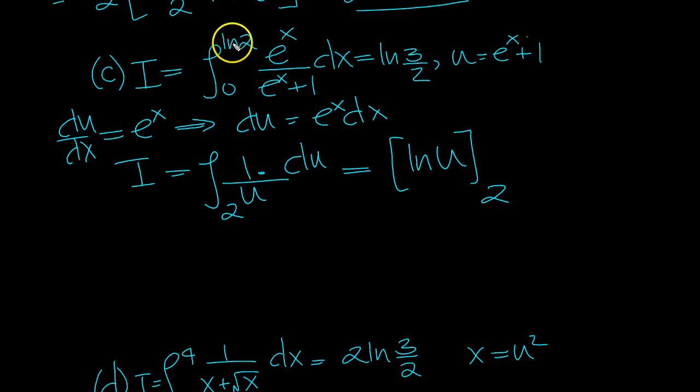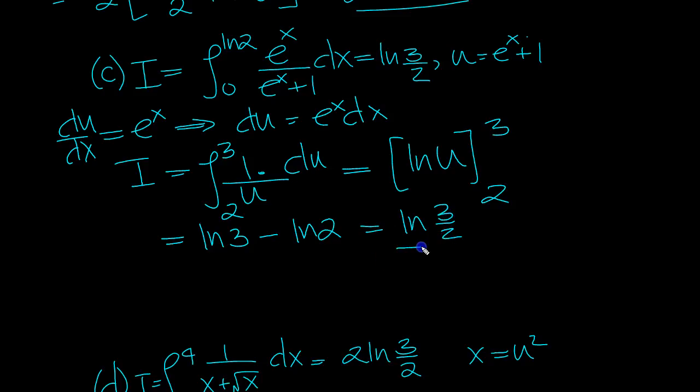And when x is log 2, e to the log 2 is just 2. 2 plus 1 is 3. So that's equal to ln top value minus the ln of the bottom value. Minus you divide top over bottom. ln 3 over 2. Which is what we wanted to show.